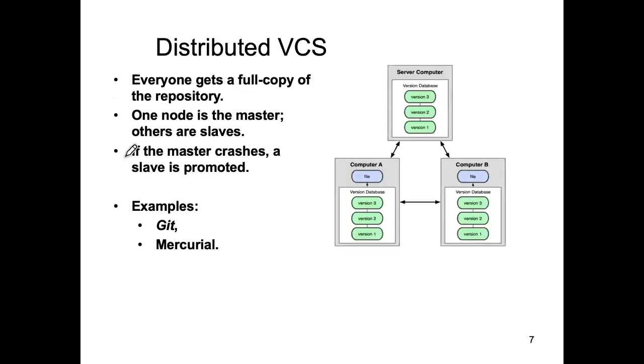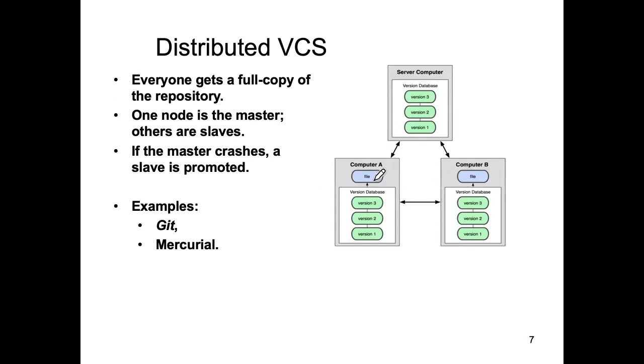Moving on then to a distributed VCS system, which is really what Git is. In a distributed version control system, you can see on the right there, every single person has a full copy of the repository on their local machine. Now, one of the machines in this network is nominated as the master, and it can be any one really.